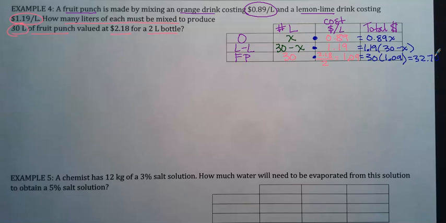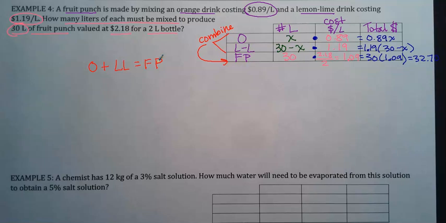Okay, so how am I going to write an equation out of this? Well, remember, we are combining the orange and the lemon lime together, right? We combine these to make fruit punch. So that means our orange plus our lemon lime, I'm going to put it as LL, equals our fruit punch.